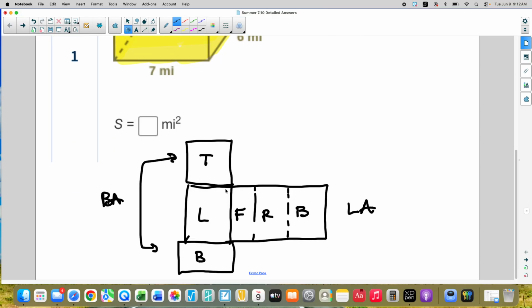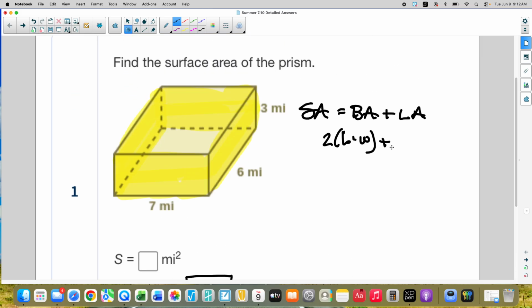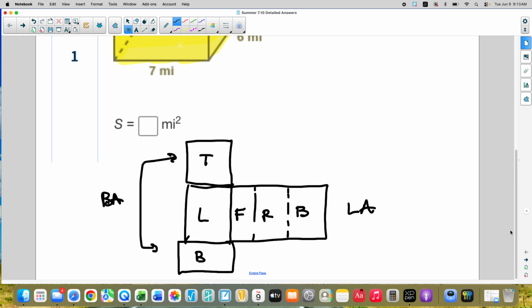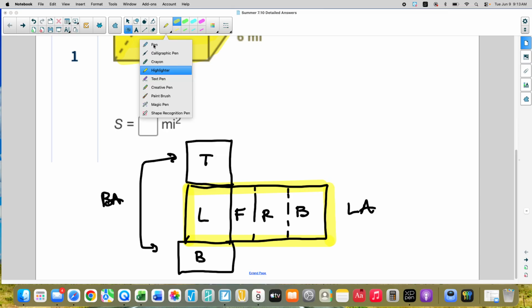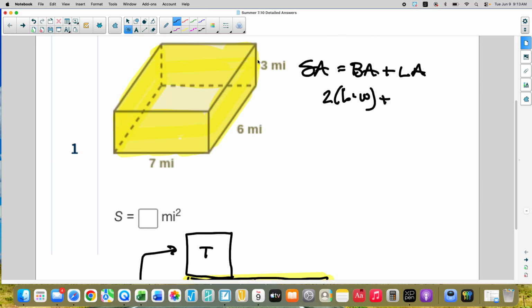And the lateral area is a rectangle. So if we're going to find this area, this is length times width, or the height of the object. So this distance is going to be the height of the object. That's the height.